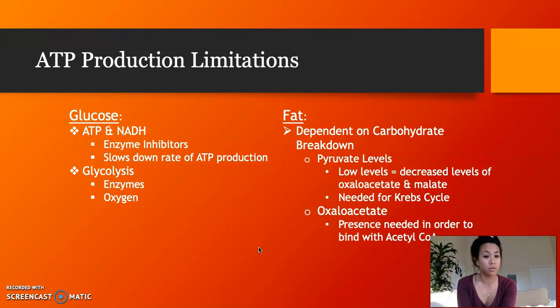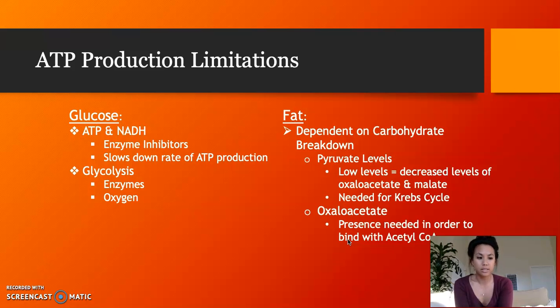Now, as in all things, we do have our limitations. So, ATP production limitations from glucose. We have ATP and NADH as some limiting factors because when there is too much of either ATP or NADH, it acts as an enzyme inhibitor and it slows down the rate of ATP production.